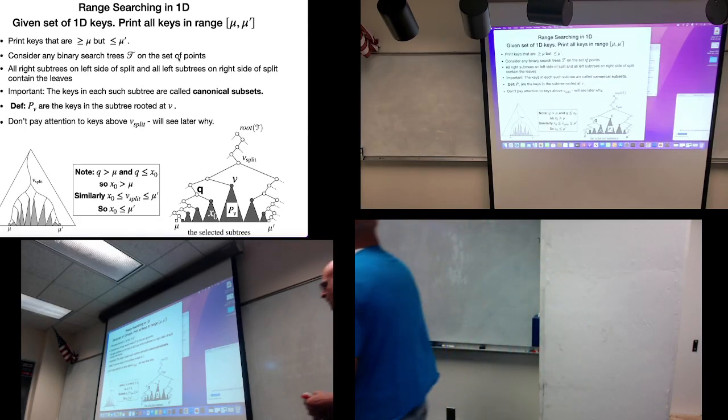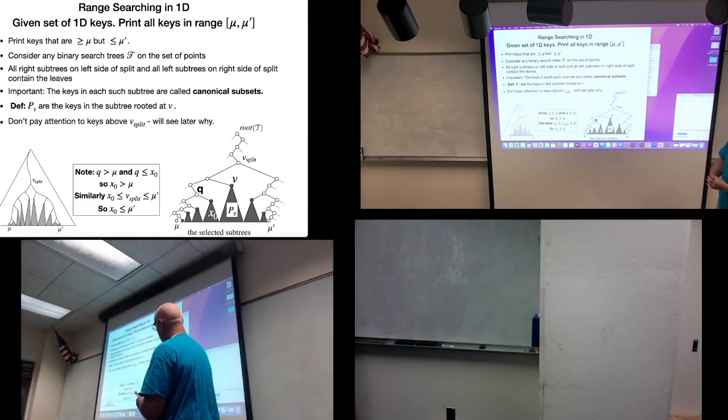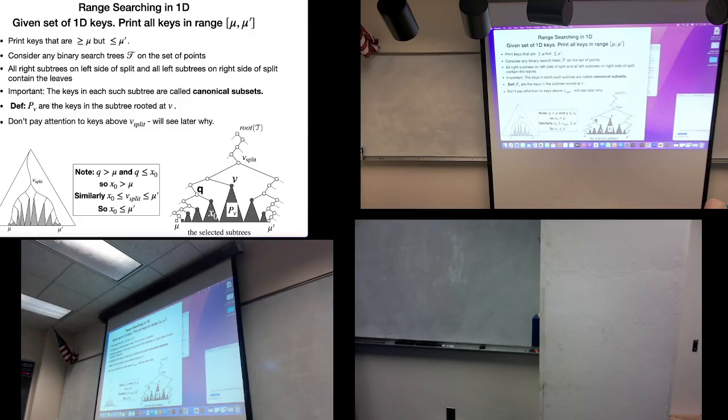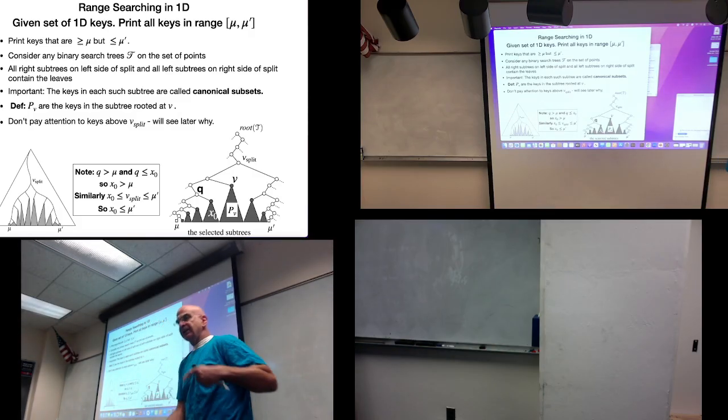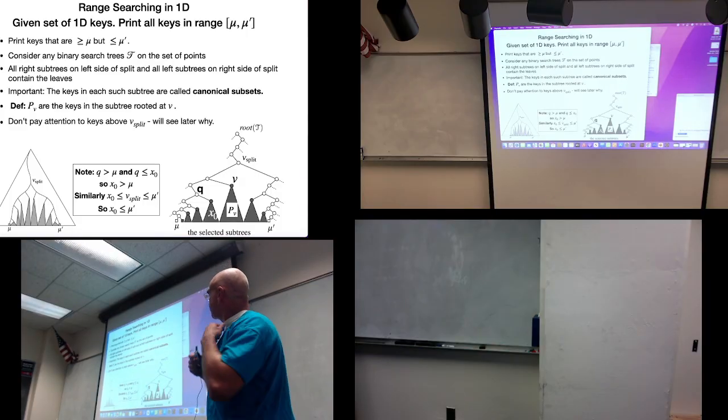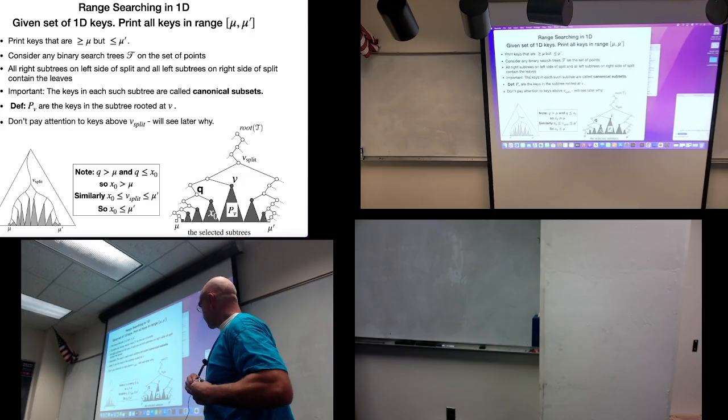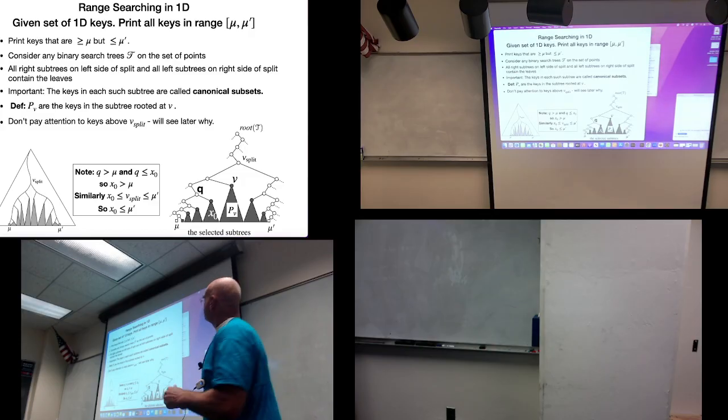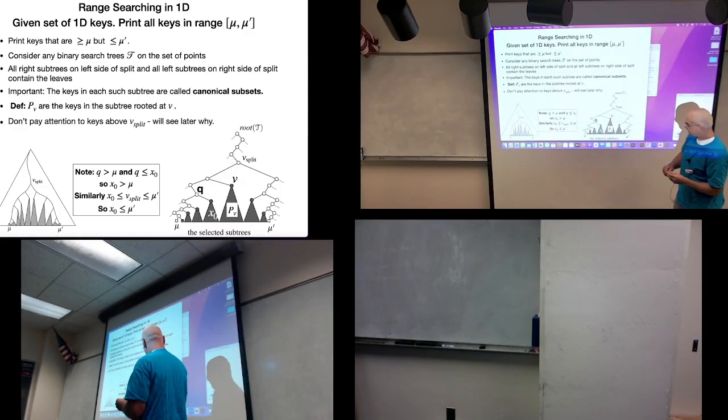Okay. I want to speak about a data structure that takes a set of points, a set of keys, and all the keys at the moment are on the x-axis. So it's a one-dimensional data structure for the time being.